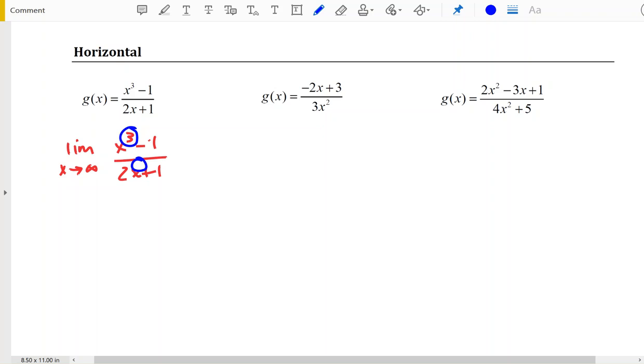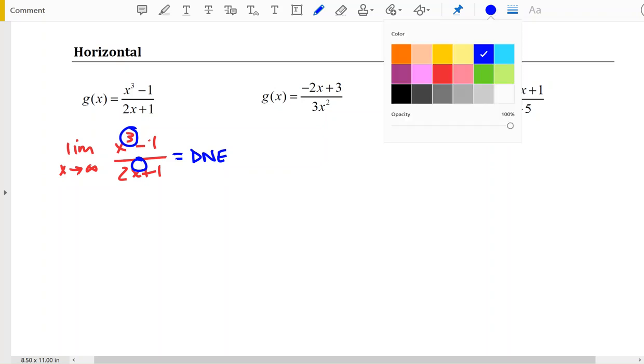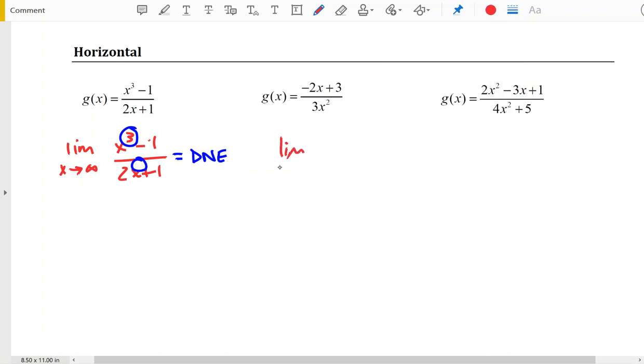In this case, the numerator has a degree that is greater than the denominator, and that tells us that this limit does not exist. And since this limit does not exist because it goes off to infinity, there will be no horizontal asymptote.